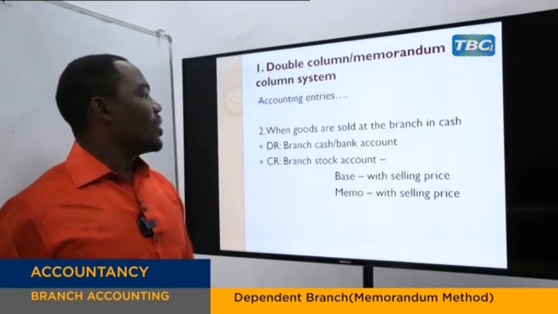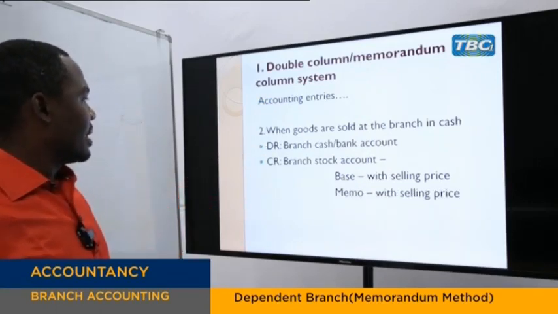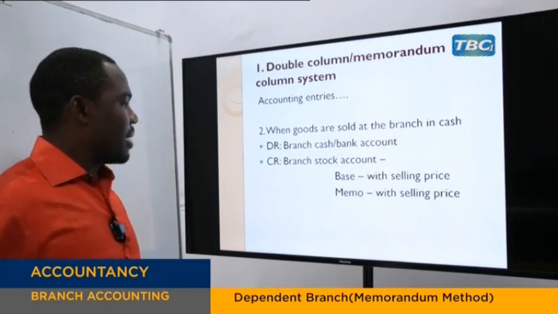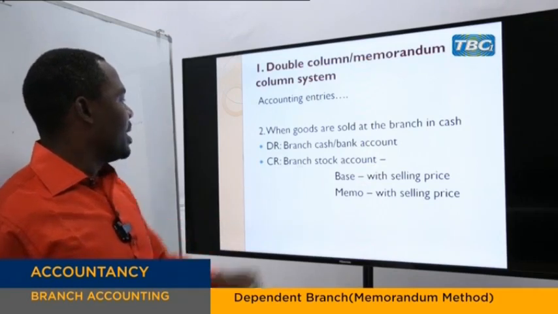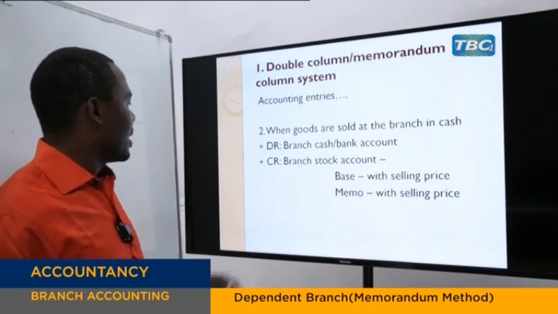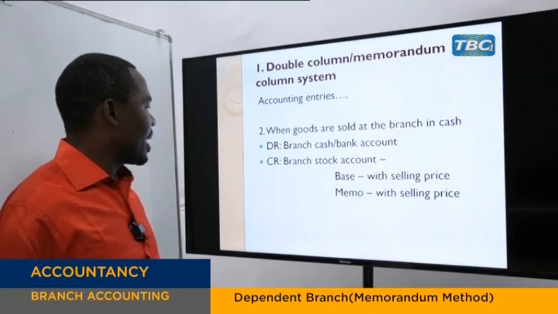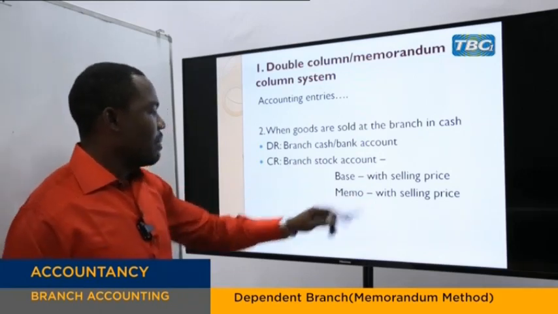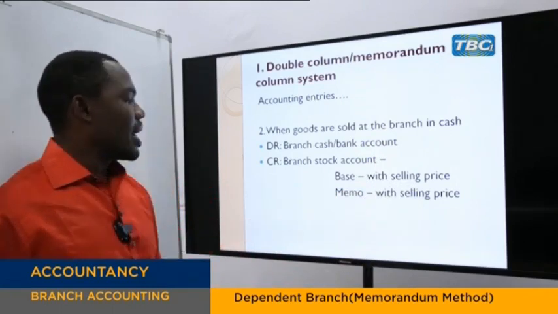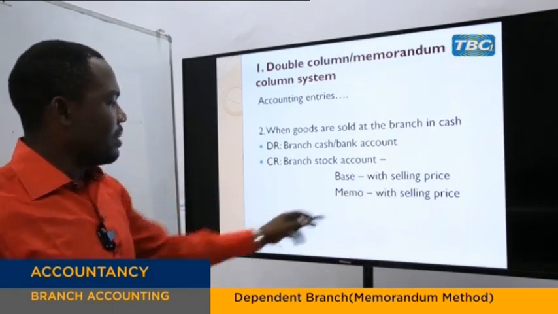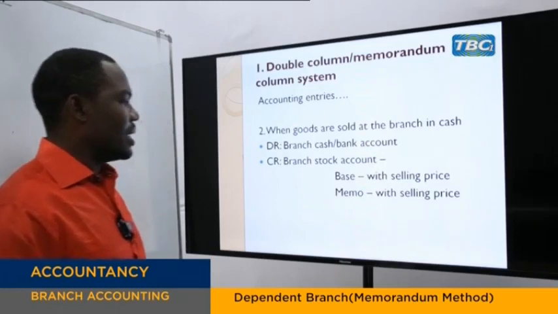When goods are sold at the branch in cash, we debit the branch cash or bank account and credit the branch stock account, in the base column with the selling price, and the memo column will also be at the same selling price.